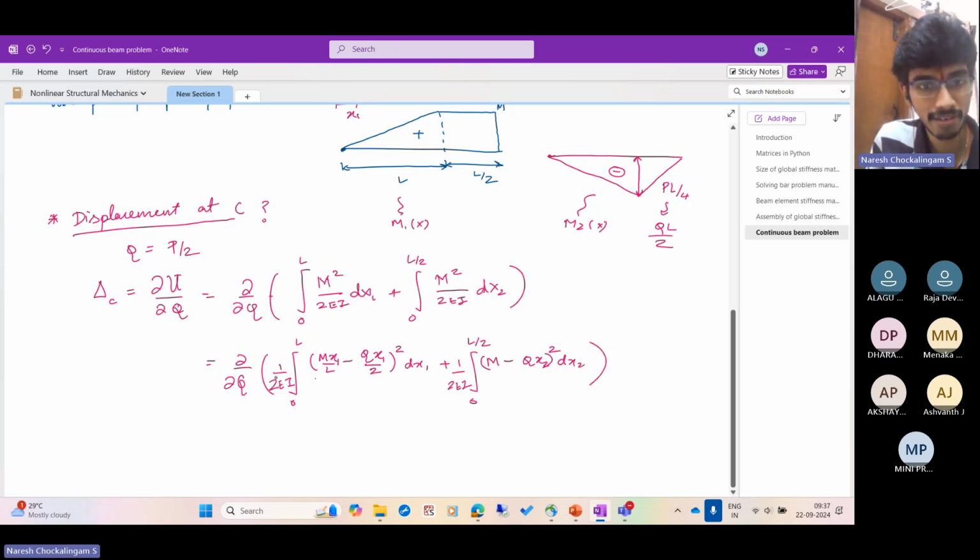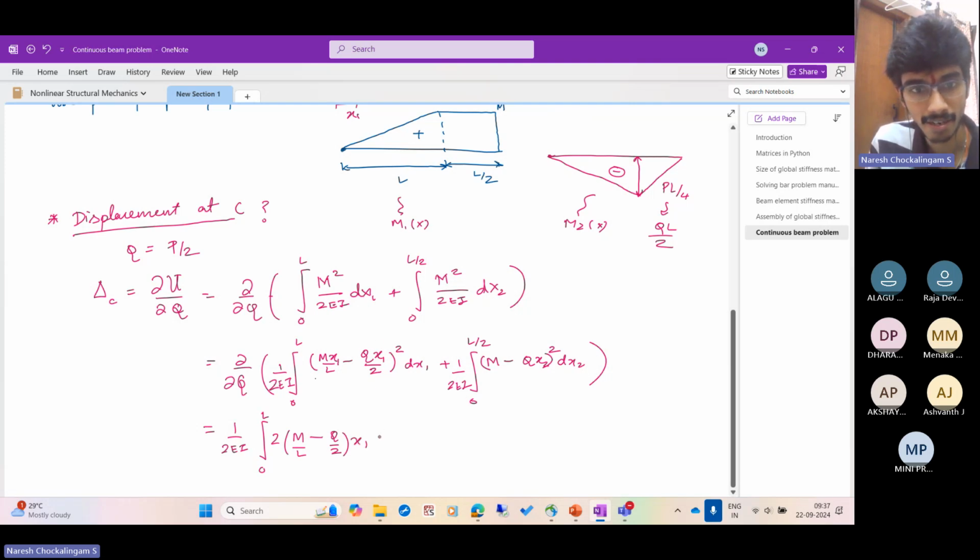If you want, you can do the differentiation first and then do the integration, or you can integrate first and then do the differentiation. It's up to you. But if you differentiate first, it's easier. So let's just take 1 by 2 here, so that the order of whatever is inside will come down. Integral 0 to L. So use the chain rule. So you get 2 times M minus Q by 2 x1, that is M by L minus Q by 2 x1. And then you differentiate whatever is inside.